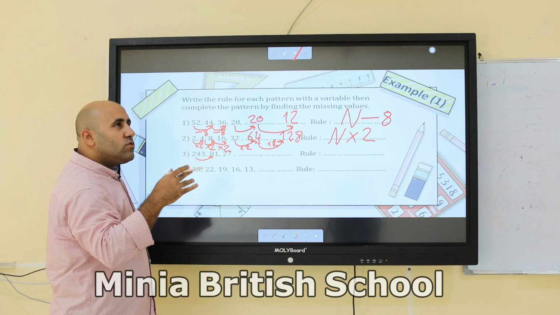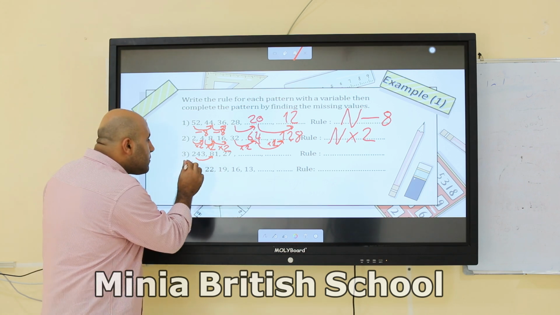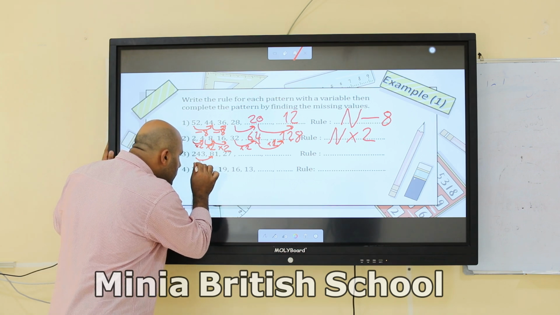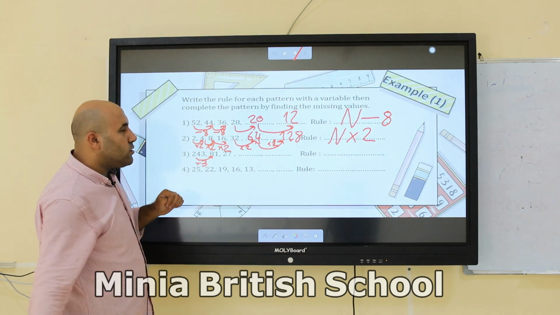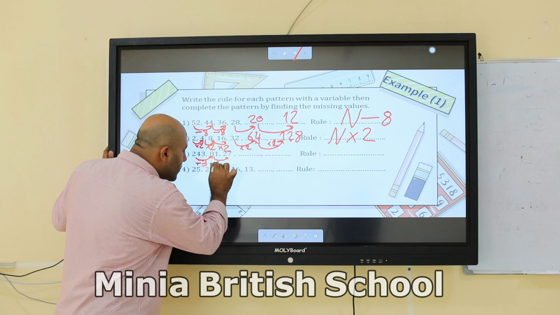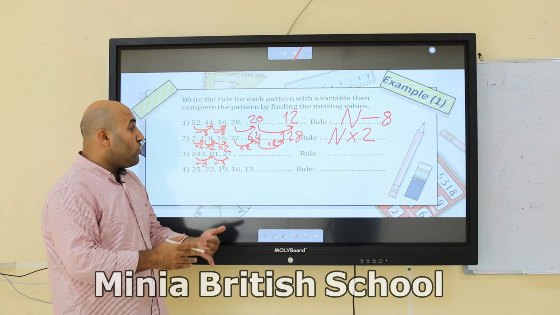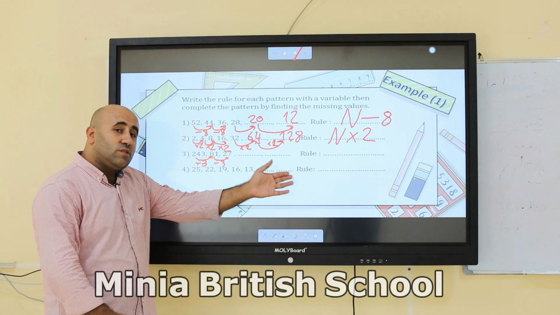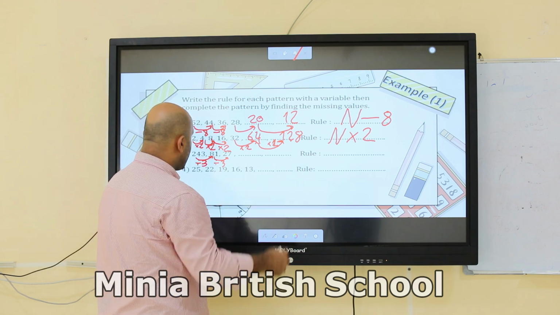For 243, if I divide it by 3, it gives me 81. And 81 divided by 3 also gives me 27. So the rule of this pattern is that each number gets divided by 3.